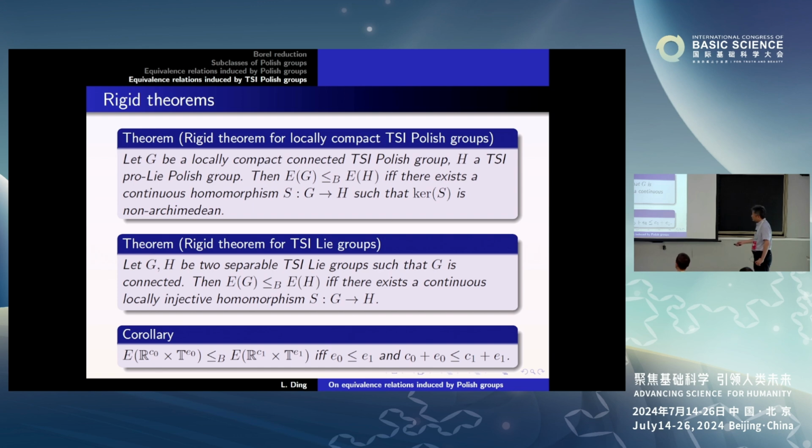This means the torsion in the first group is no more than the next one. And here c0 plus e0 is the dimension of this group. So the second condition means the dimension of the first one is less than the second one.